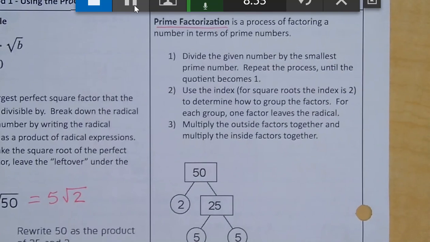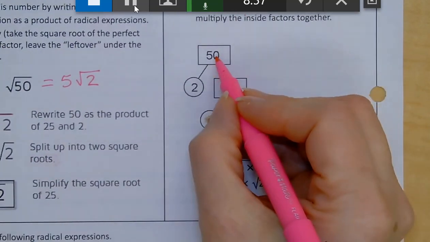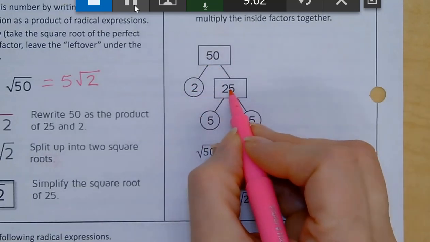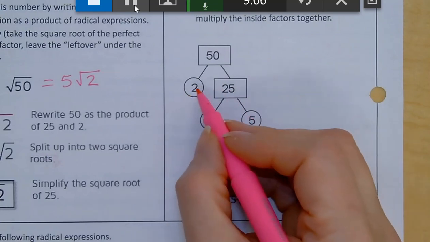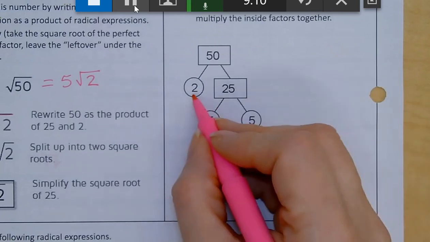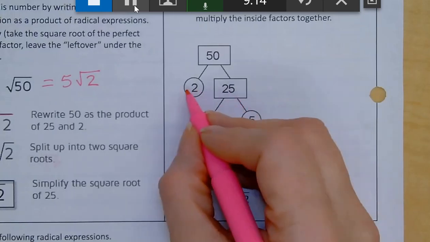So what we're going to do is take our number and break it into factors. So I know 50, it's even, so it's divisible by 2, right? So 2 times 25. Okay, 2 is 2 times 1. As soon as I get to that prime number that can only be multiplied by 1 and itself, then I'm going to leave it. So that's why we have a circle here. That's a prime number.